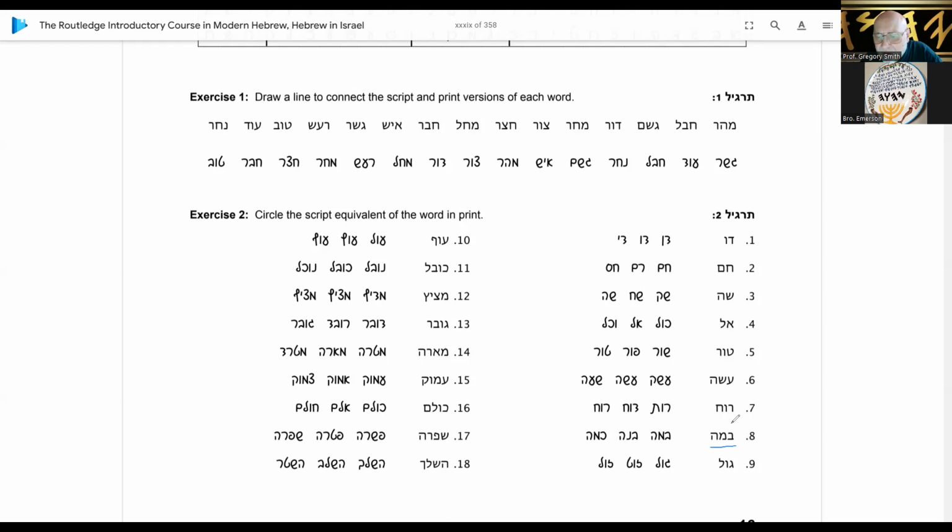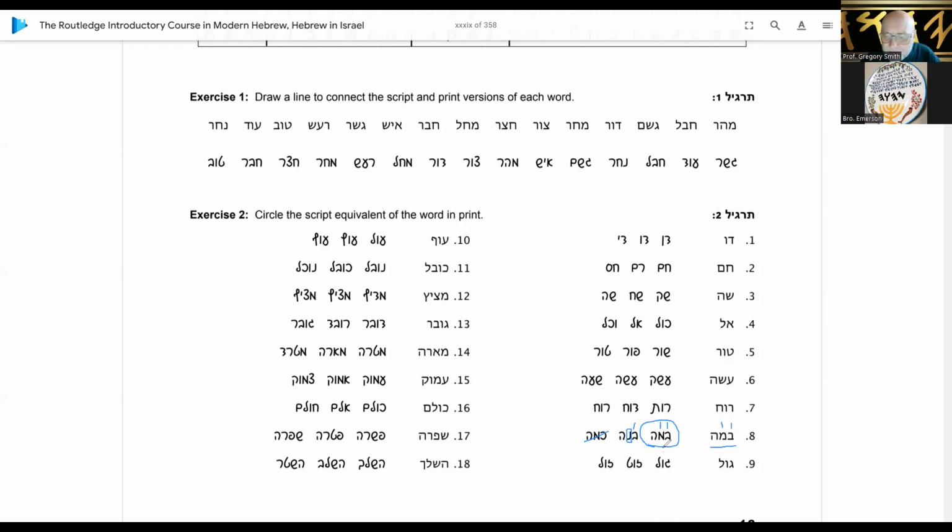Okay, so the bet. We got 2 contenders here. This one can't be it. That looks like a chaf. And the mem, remember, it's got that crazy looking thing. It's like an N. Well, it's got to be this one here. It can't be this one because that little J figure, that's definitely not a mem.